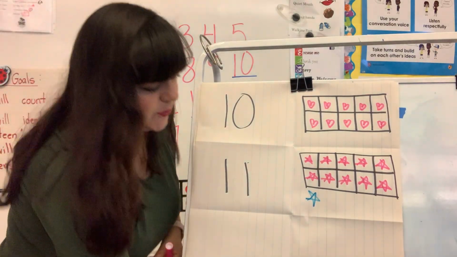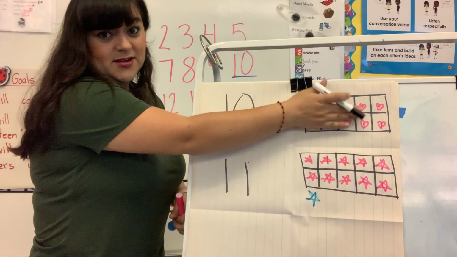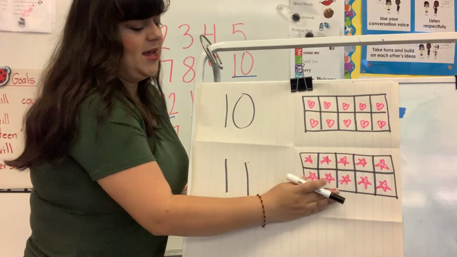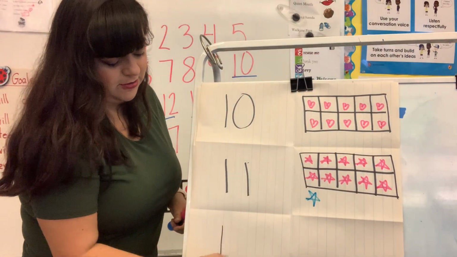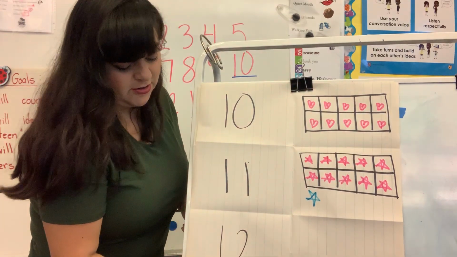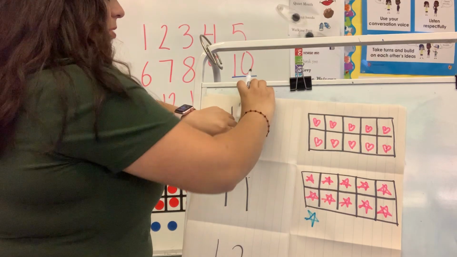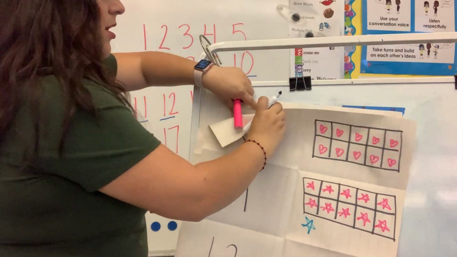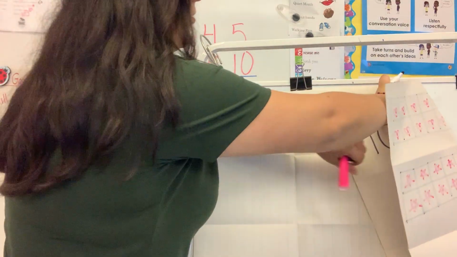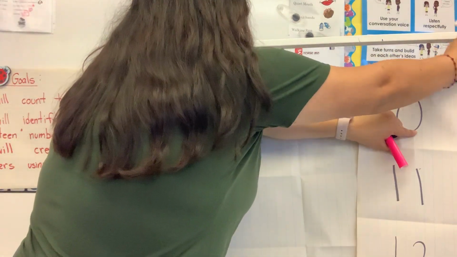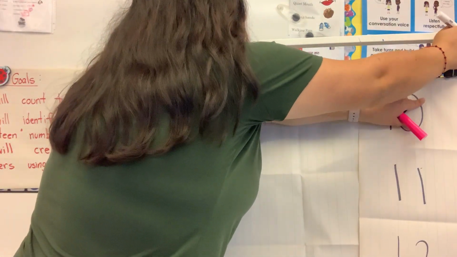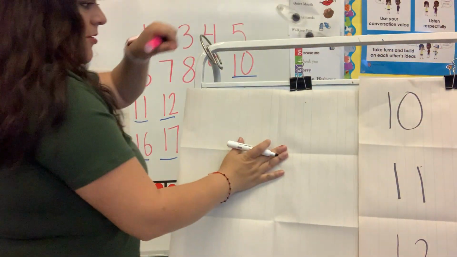So you're gonna do 10, 11, 12, 13. You're gonna keep going. You can use the back or you can use another paper. So I will leave that there so you can see it.